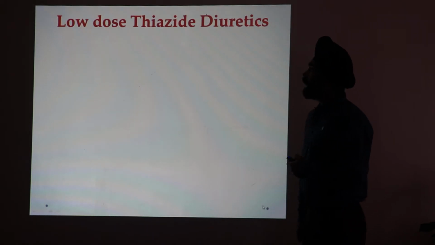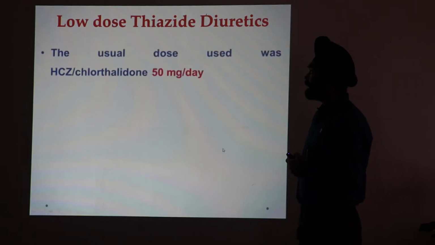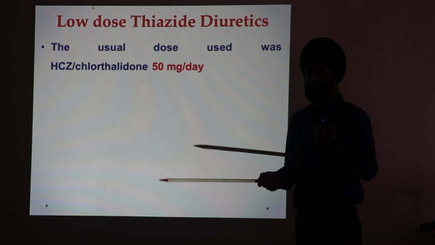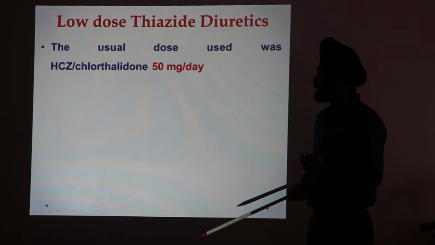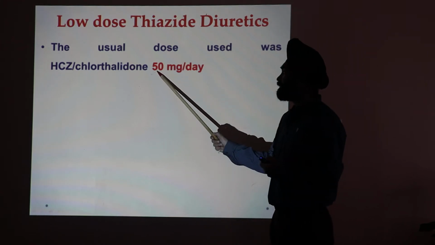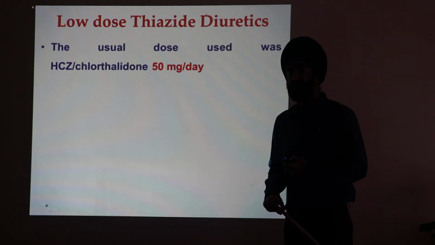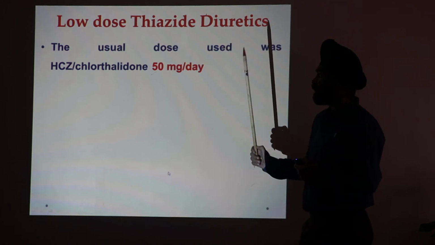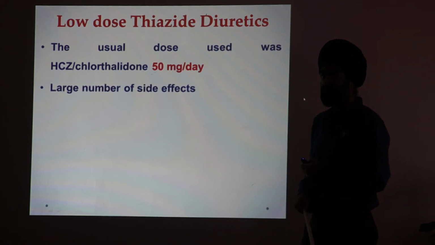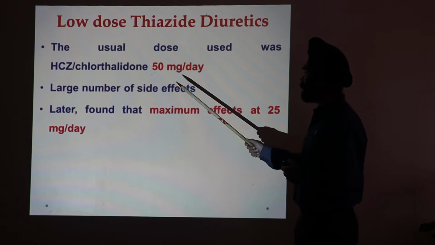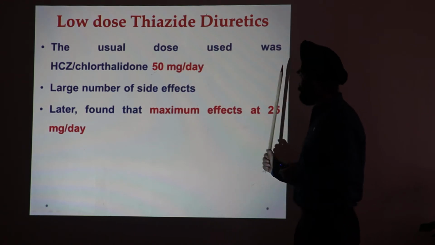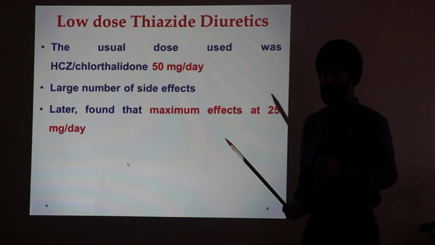Now, actually, what happened is that initially these thiazide diuretics were used in the dose range of 50 mg per day. But this dose was found to produce a number of side effects. Later it was found that even if you reduce the dose to 25 mg, the effects are still produced.